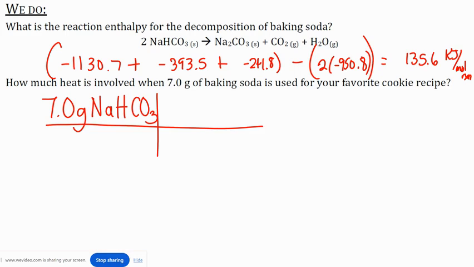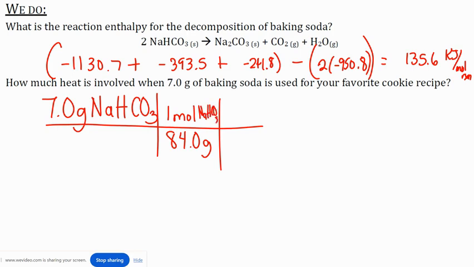I'm going to add them together. All that adds up to be 84.0 grams and 1 mole. Good? All right. And that's moles of NaHCO3.